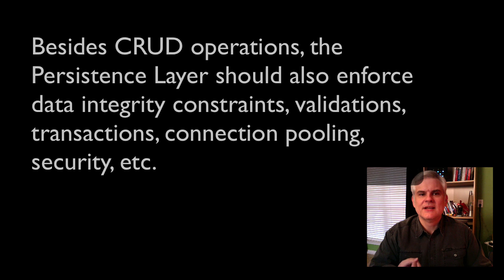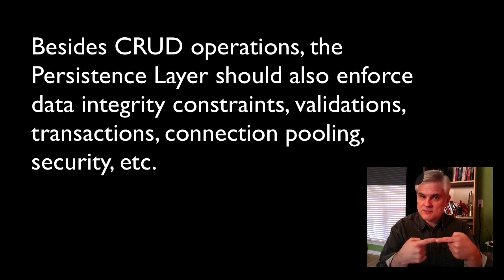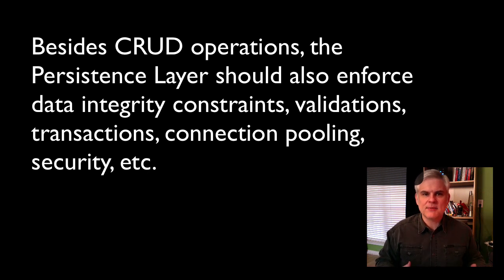All right, so we just finished saying that the main responsibility of the persistence layer is to perform data operations like create, read, update, and delete on the underlying data storage, whatever that is. The persistence layer should also be concerned with doing its part to maintain the integrity of the data. So in some cases, like in a relational database management system, there's built-in functionality to maintain relationships between various tables in the database.